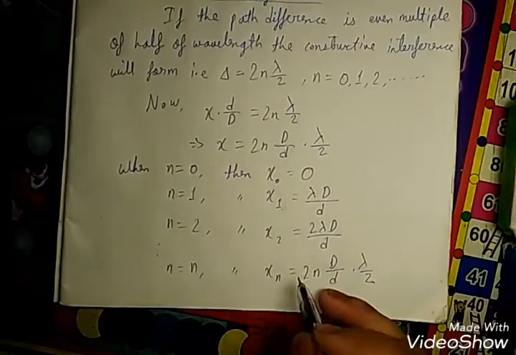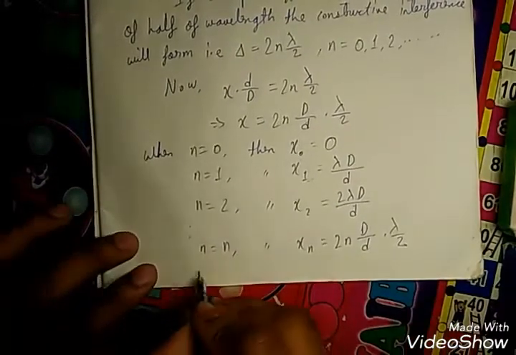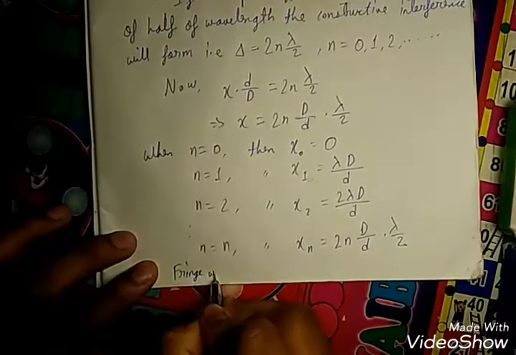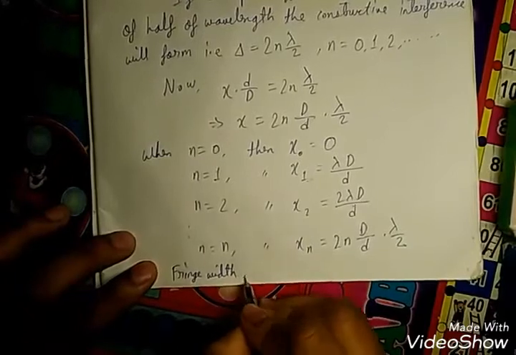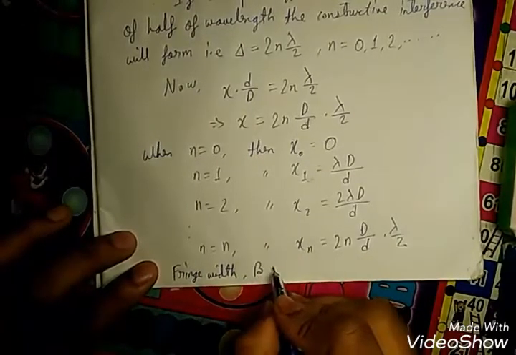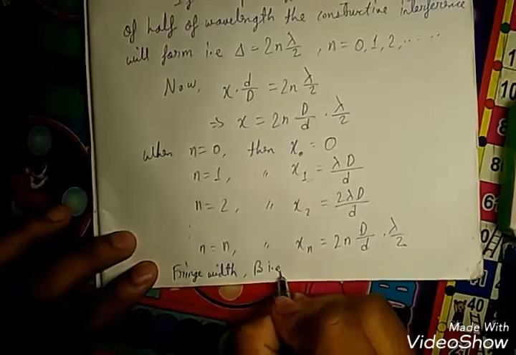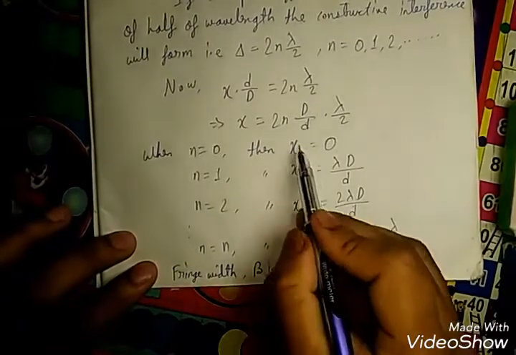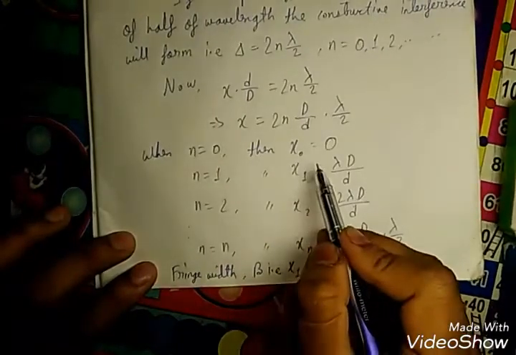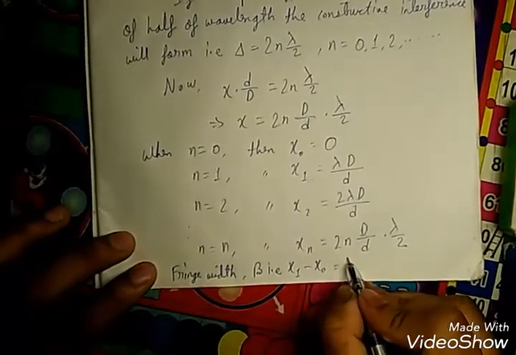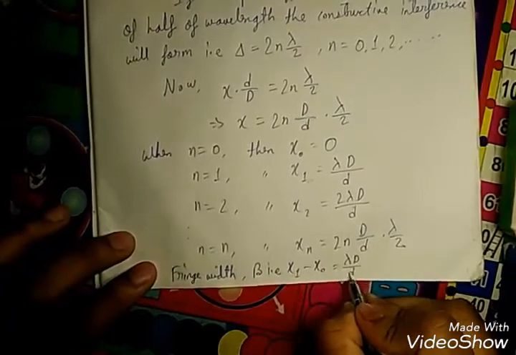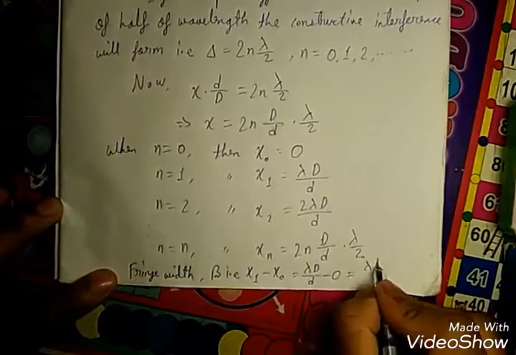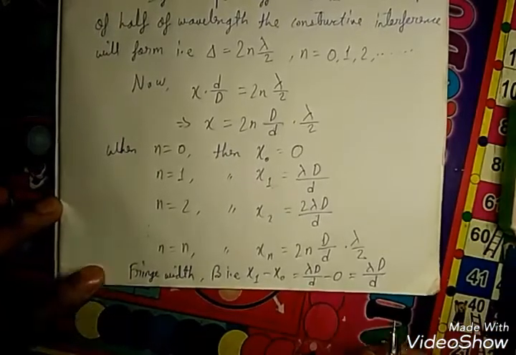So from this we can conclude that the fringe width beta, that is the difference between two consecutive bright fringes, is equal to lambda capital D by small d minus 0, that is equal to lambda capital D by small d.